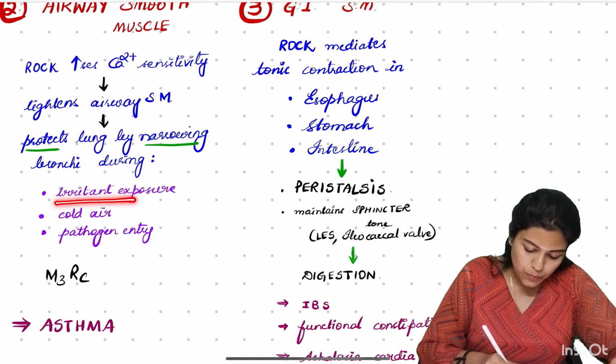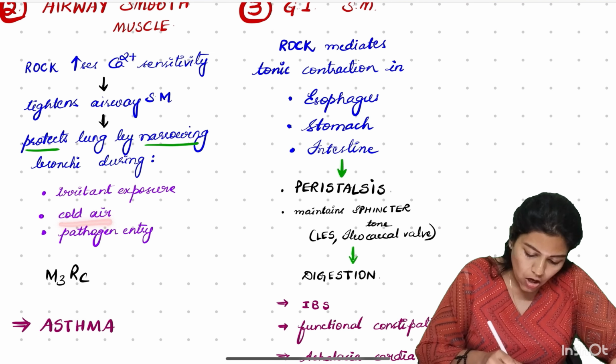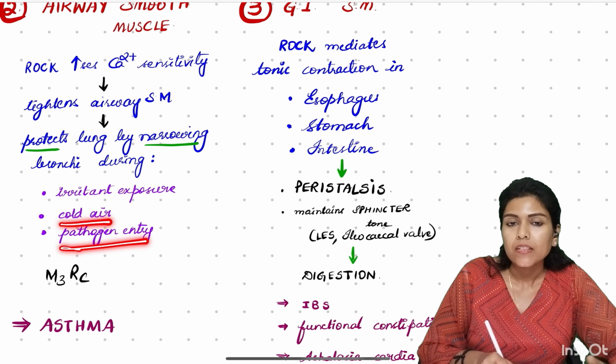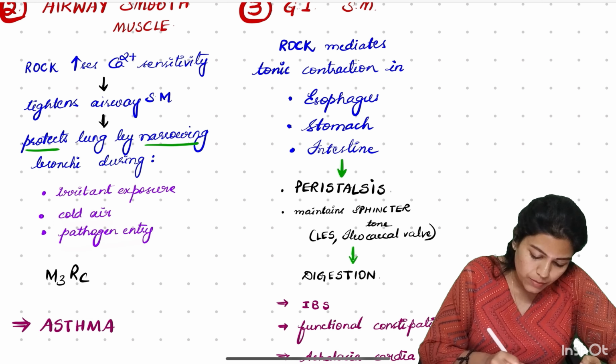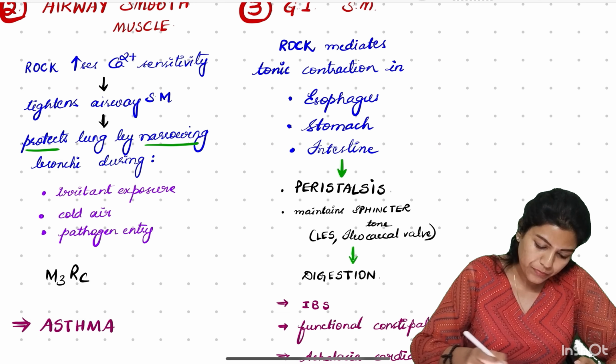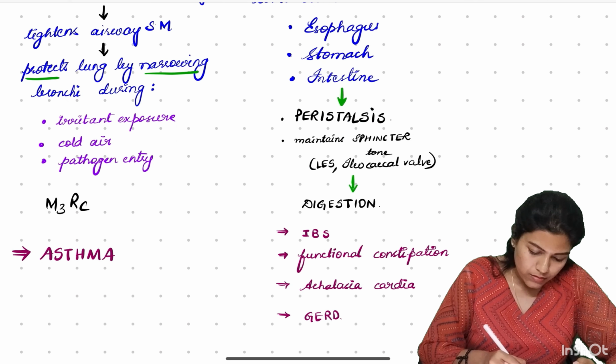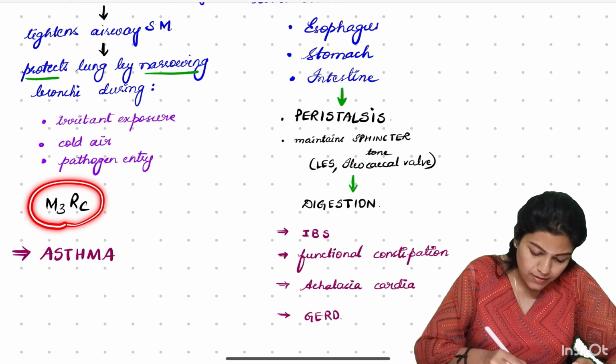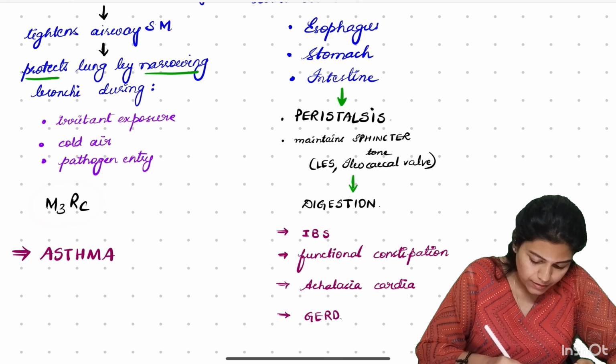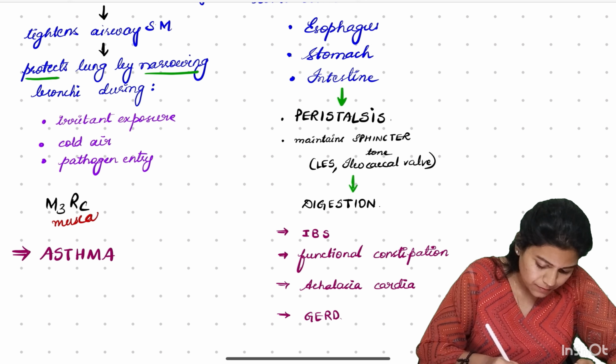Whenever there is irritant exposure, exposure to cold air or any pathogen entry, it will have a protective function by constricting, narrowing the bronchi, by tightening the smooth muscle cells of the bronchi because of calcium sensitivity. An example of the receptor here is the M3 muscarinic receptor.